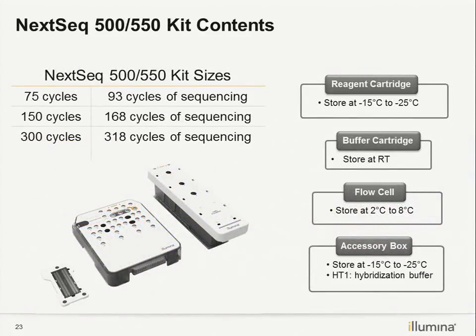Okay, so the consumables. You can see that this lists the actual number of cycles that we supply for each kit. For example, the 75 cycle kit actually contains 93 cycles. For 150, it contains 168, and 300 contains 380 cycles.